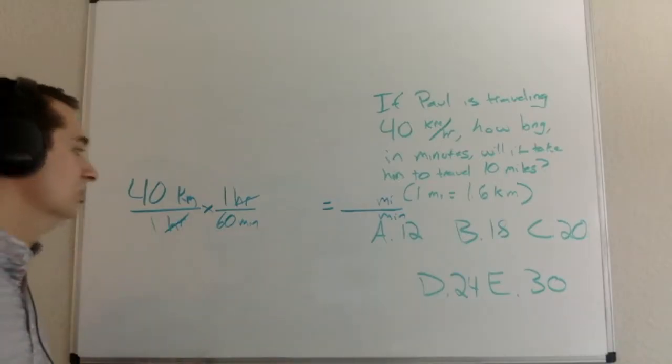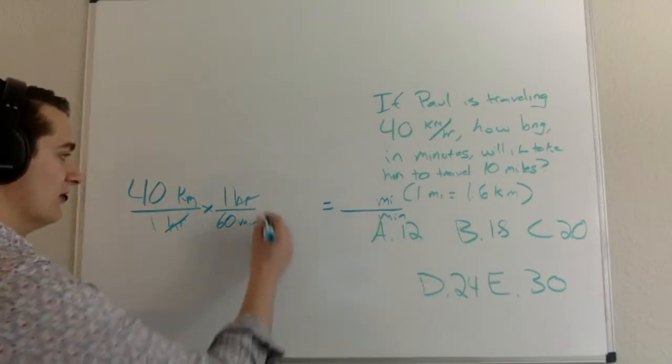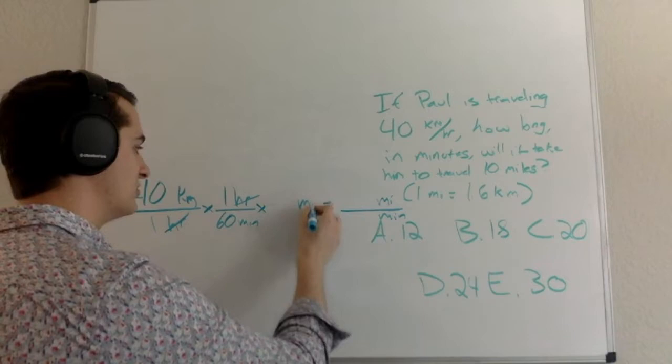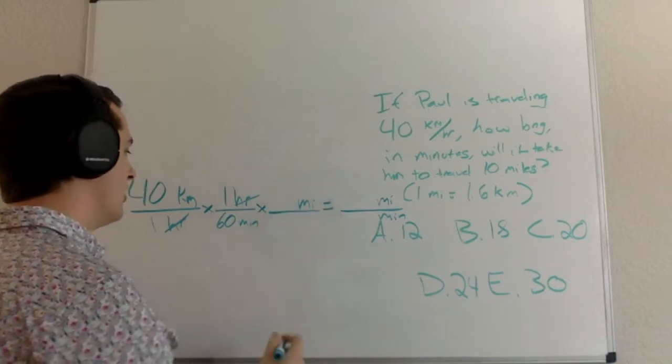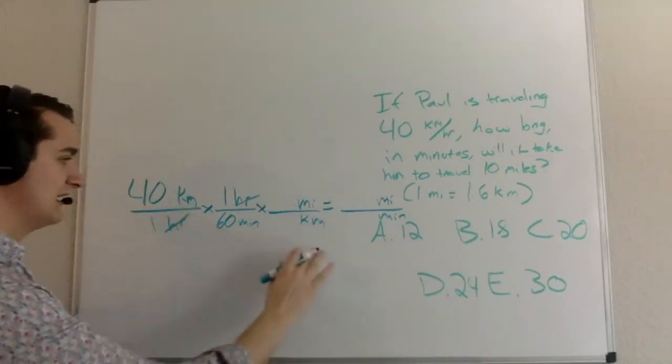Then what I'm going to do is I want to get out of kilometers and I want to get into miles. So again, I'm going to want miles on the top of my fraction, and I'm going to want kilometers on the bottom of my fraction so that my kilometers can cancel.